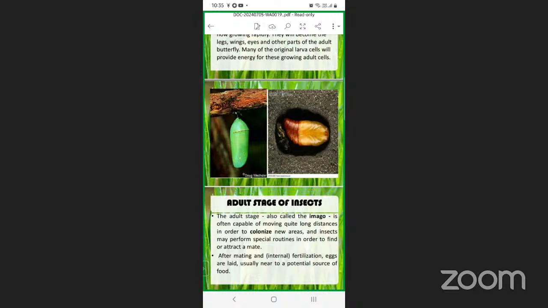Along with them, one more gland important for the development of the insect is the reproductive gland, where we come across the two accessory glands developed in the reproductive system.